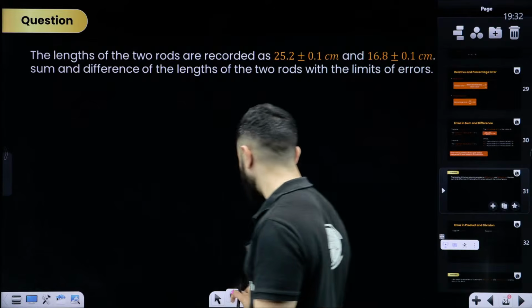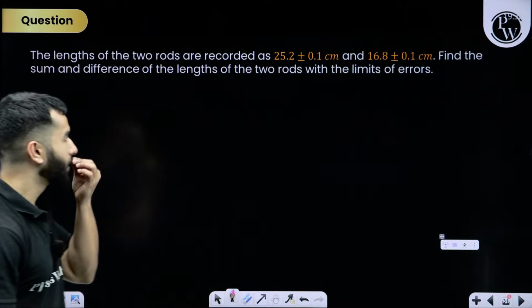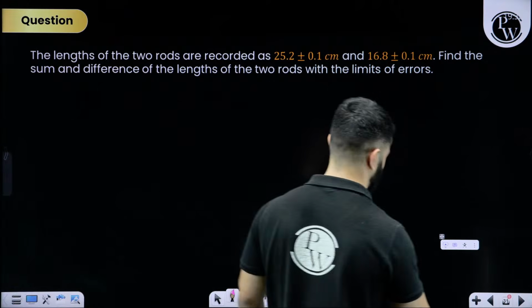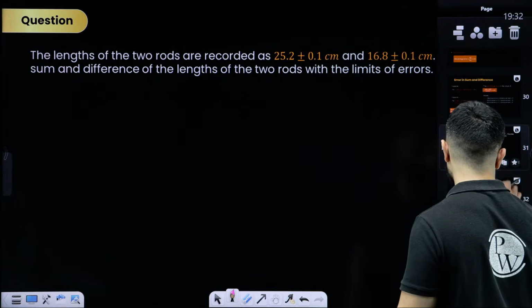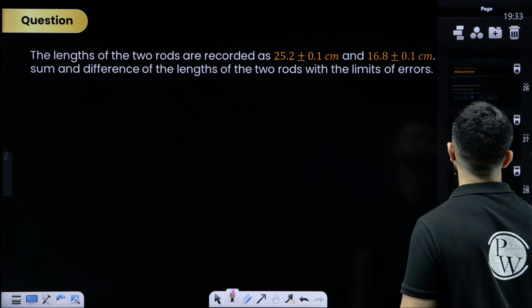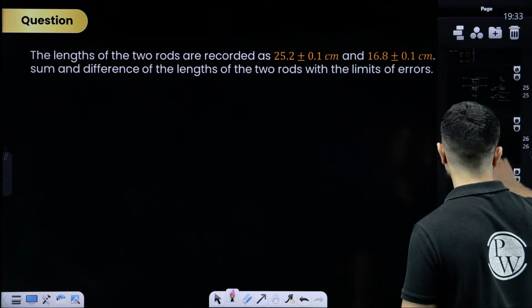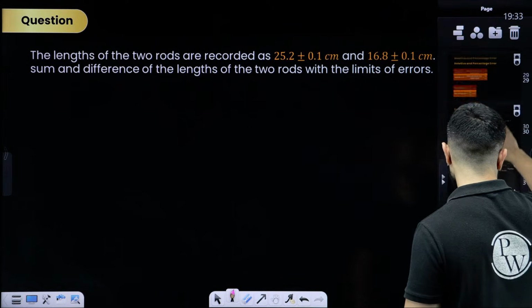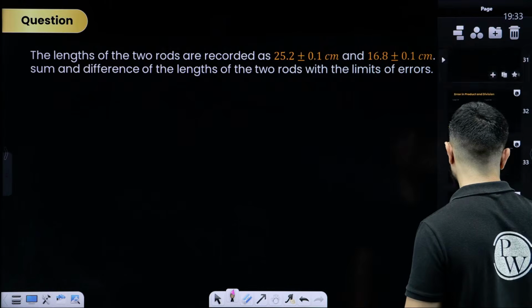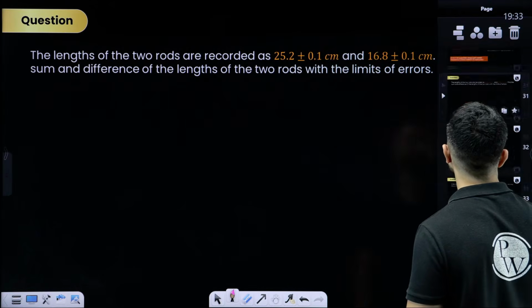Let's suppose this is the example. Pay attention. The length of the two rods. Achha, this is sum and difference here. Just a second. We have not talked about sum and difference till now. Let me see if we have got some examples over here or not. No, we don't have examples.